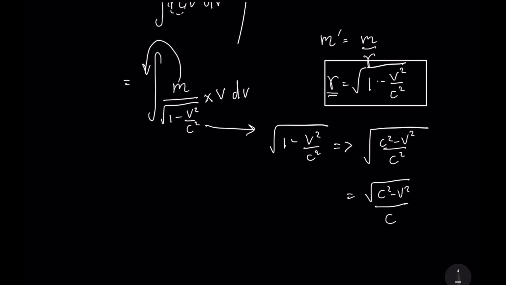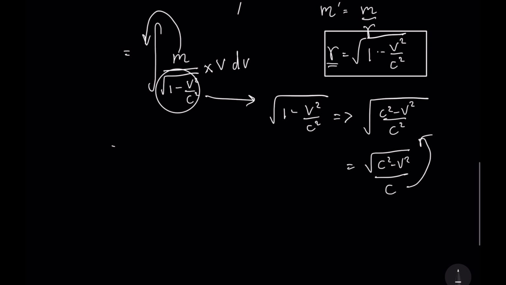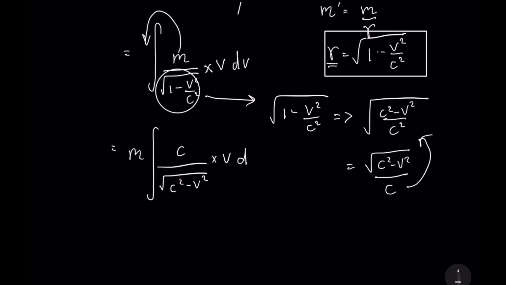Now since this is in the denominator here, the c gets transposed up to the numerator. So it's written as m integral of c by root of c² minus v² into v dv.